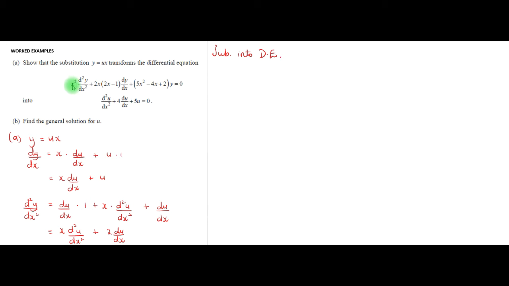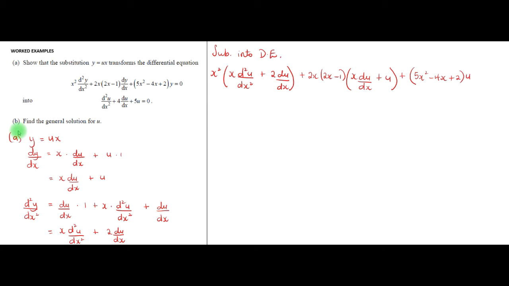So that gives me x squared times this thing here, plus 2x times 2x minus 1 times what we got for dy dx, plus 5x squared minus 4x plus 2 times y, which is ux, equals 0. And so now it's just a matter of expanding out.